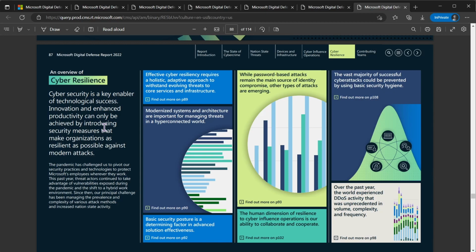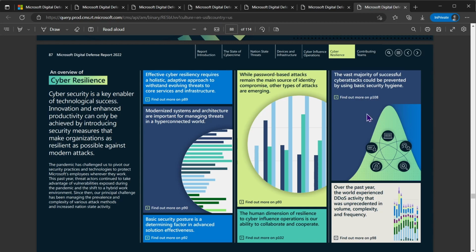So what does it mean to be cyber resilient, or what are the good practices that Microsoft is recommending for good cyber resilience? I'm going to summarize everything that you see here. Essentially, password-based attacks remain the main source of identity compromise, but other attacks are emerging. We are seeing basic security posture as a determining factor in advanced solution effectiveness as well.